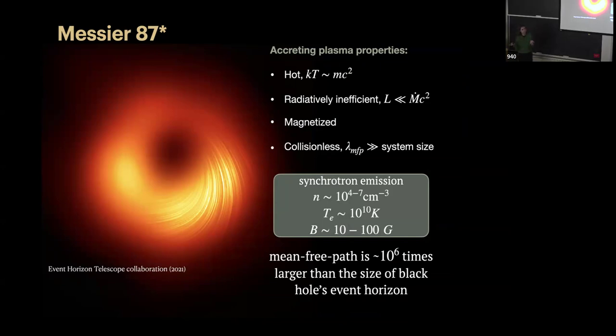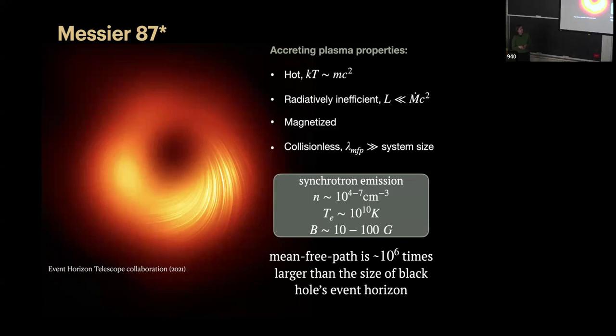We know that in these low-luminosity supermassive black holes, the plasma is hot, with the electron temperature being roughly in the MeV range. The plasma is radiatively inefficient and magnetized, with the magnetic field being 10 to 100 Gauss in this parameter ballpark.